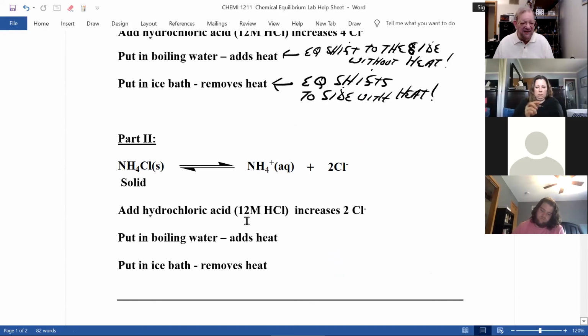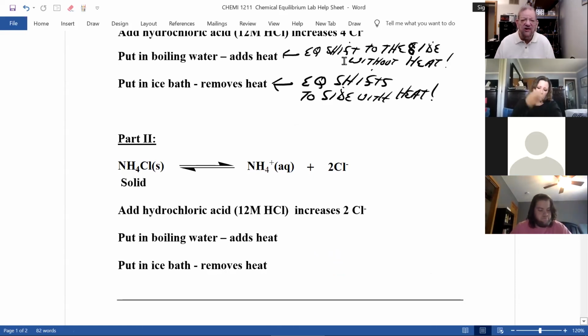And when you add HCl, hydrochloric acid, you increase the chloride anion. When you put it in boiling water, it adds heat. When you put it in an ice bath, you remove heat. And what I have up here also applies.